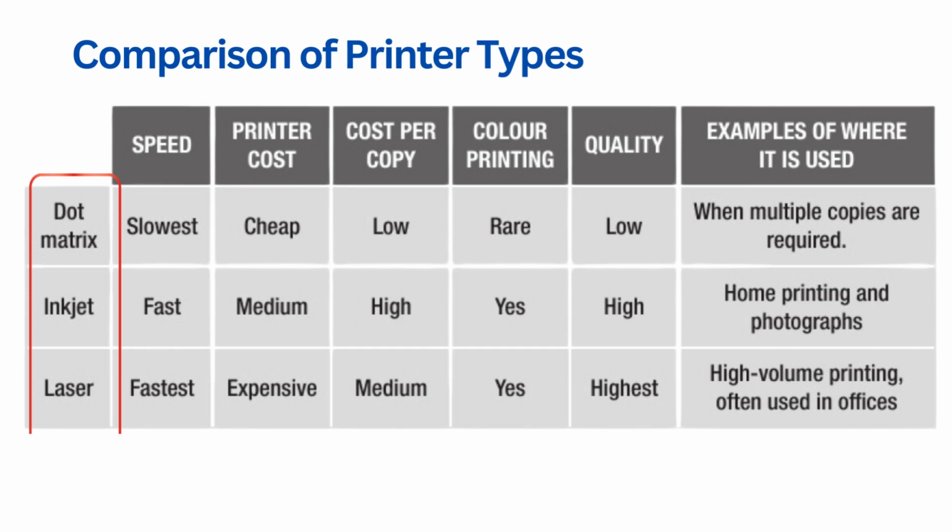So dot matrix we use when we need multiple copies of a receipt, and then inkjet we use for home printing because it's reasonable, and then we use laser for high volume printing, and because it's expensive and all that, it's mostly used in offices.